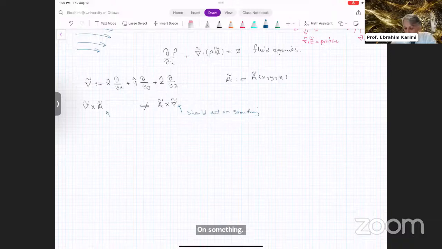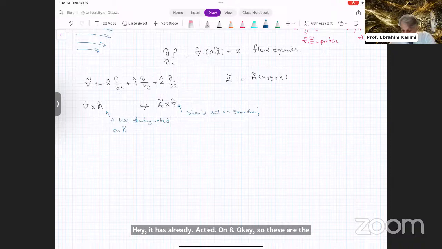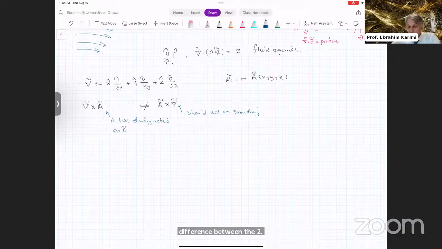Here, no, it has already acted on A. So this is the difference between the two. Let's calculate the first one. The second one also is important in physics, extremely important.